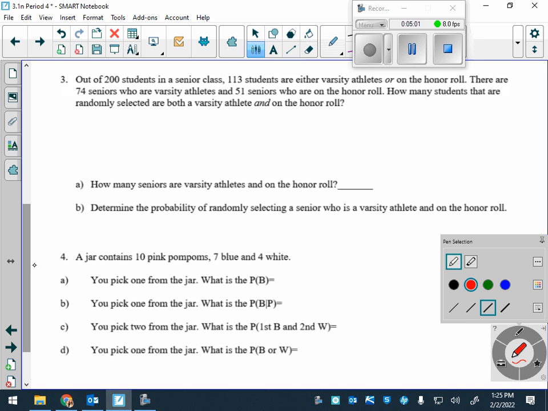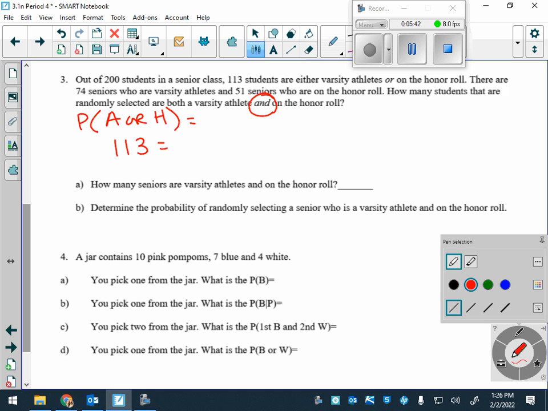Okay, now I want you to read number 3. What do we need to find now? Liam? We need to find how many students that are randomly selected are both a varsity athlete and on the honor roll. Good. So we need to find the and, right? So what do we know so far? What's given to us? Wes? The or. So the probability of athletes or honor roll, which is 113, right?